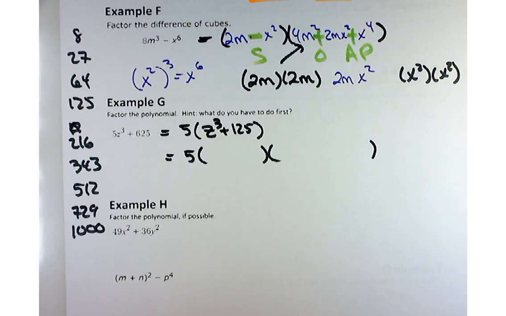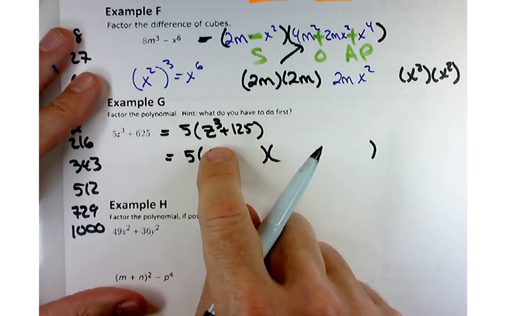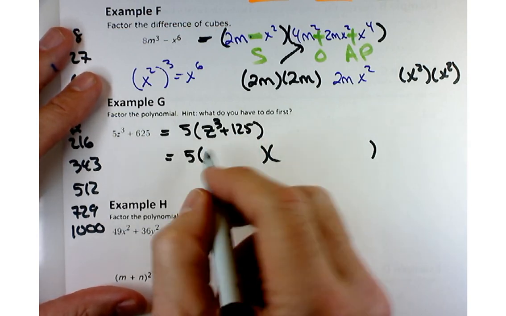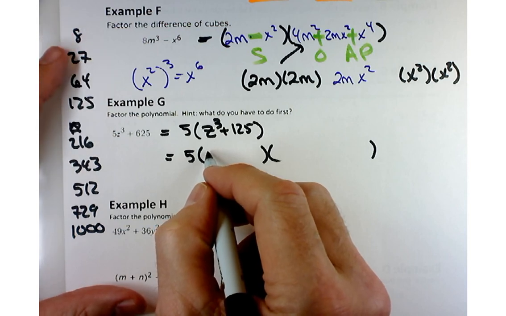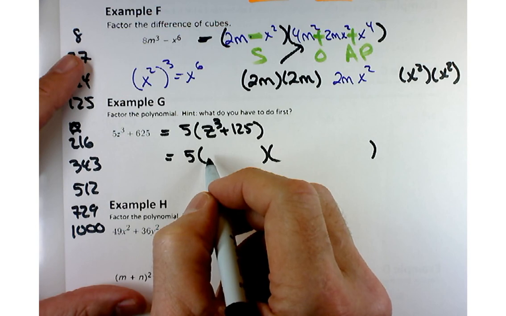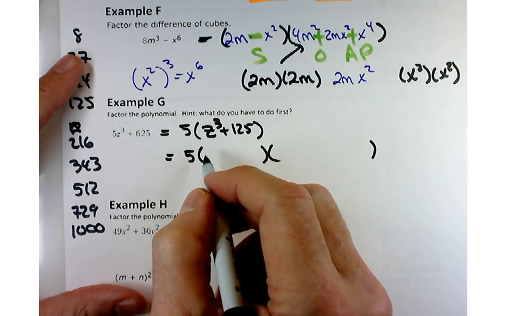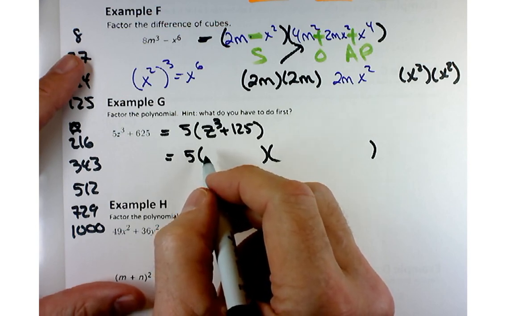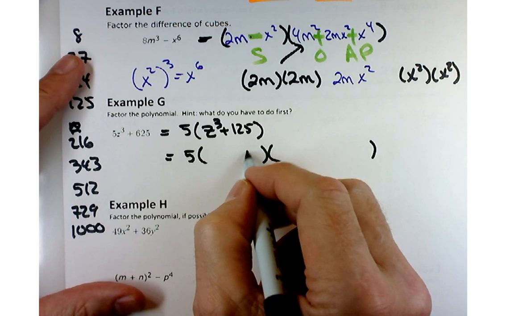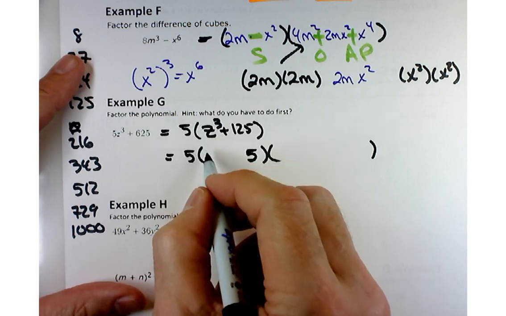So we've already got the first two terms. Well, actually we don't have the first two terms. Carvel, what do I cube to get each of these? What do I cube to get the first term? 5. Right, this is going to be a 5 here. How about this term? What do I cube to get that?